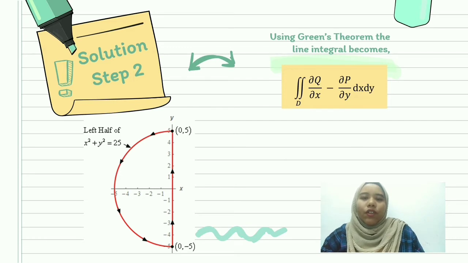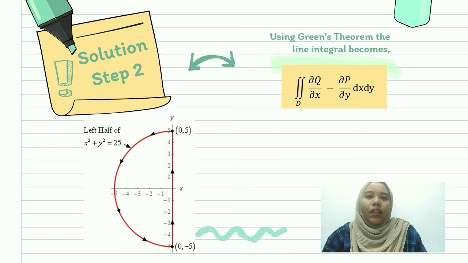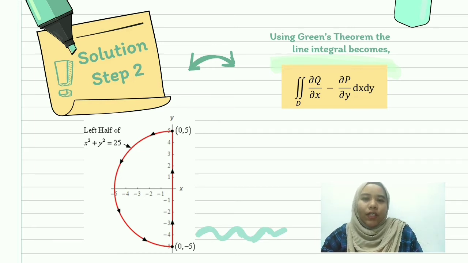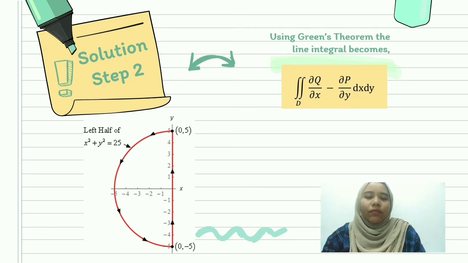Okay, for positive orientation, the general formula is given by the double integral over D of dQ/dx minus dP/dy dA, where dA means we have to integrate over the area of the region. From the question, we have the line integral over C of yx squared dx minus x squared dy.